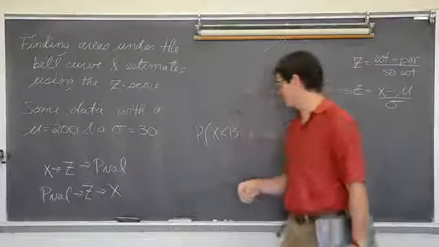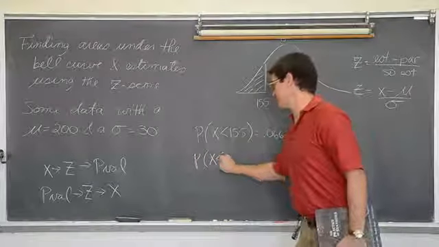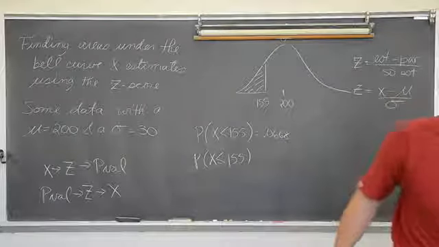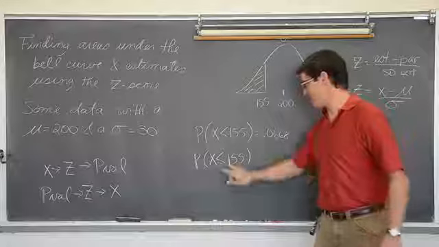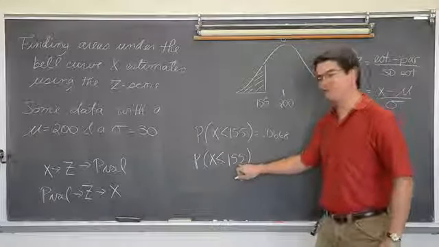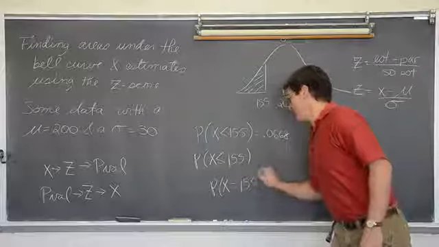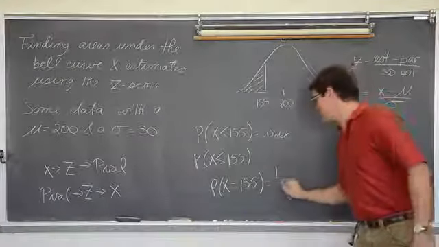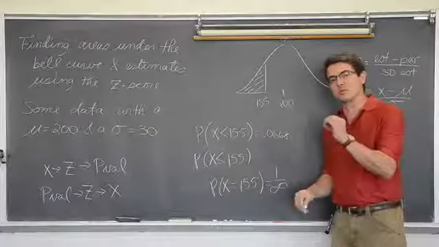I'll need to erase these examples as I go because I didn't give myself very much room. What is the probability that x is less than or equal to 155? Well, if this is a continuous random variable, the probability of getting exactly 155 is one specific outcome out of an infinite number of possibilities. Well, 1 over infinity is 0.